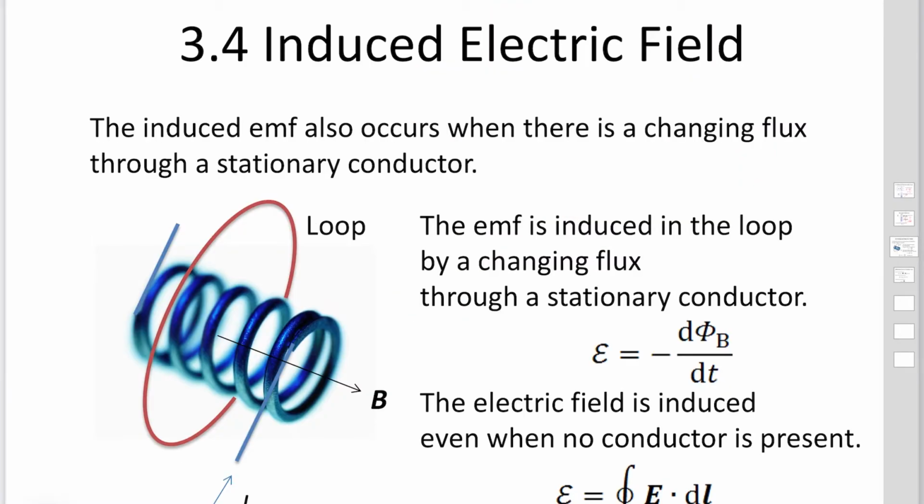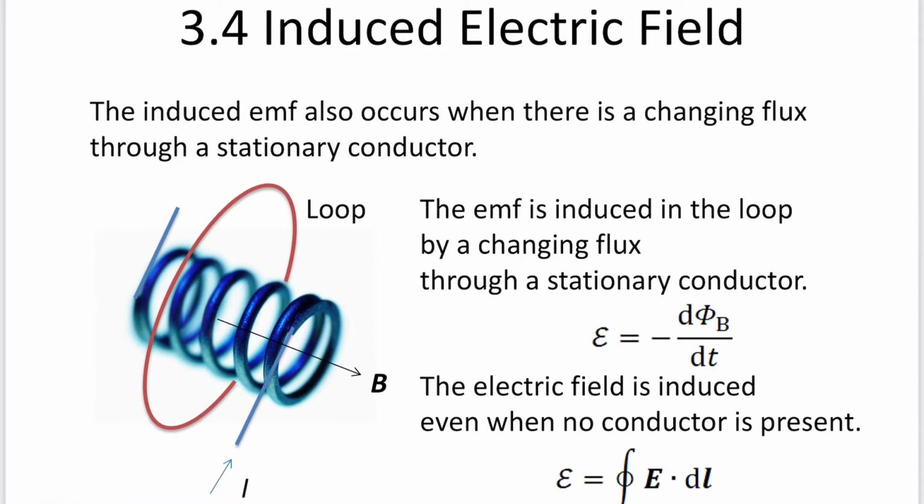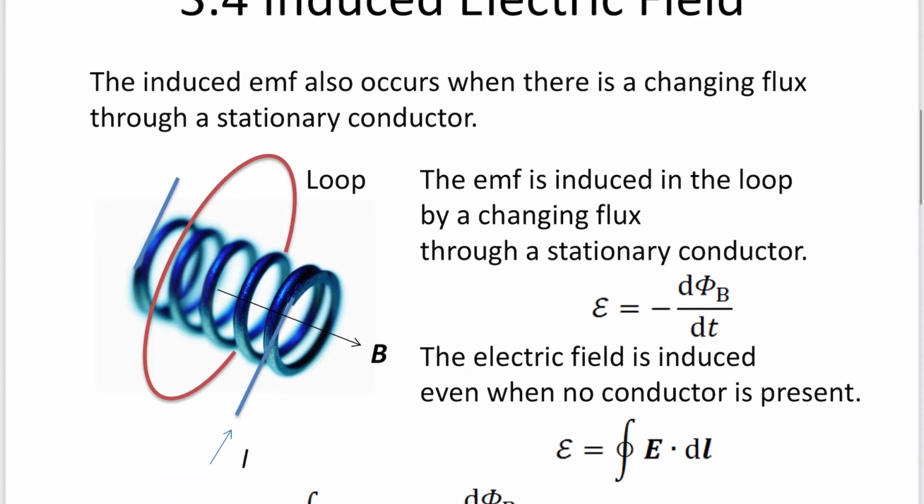Induced electric field. The induced EMF also occurs when there is a changing flux through a stationary conductor. So actually in this case the wire doesn't move. In this situation the coil doesn't move. Instead the magnetic field is changing. EMF is induced in a coil.